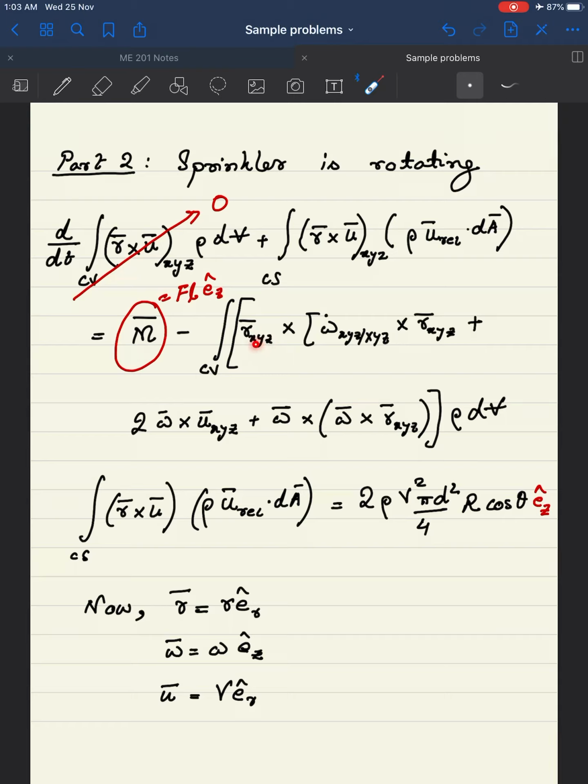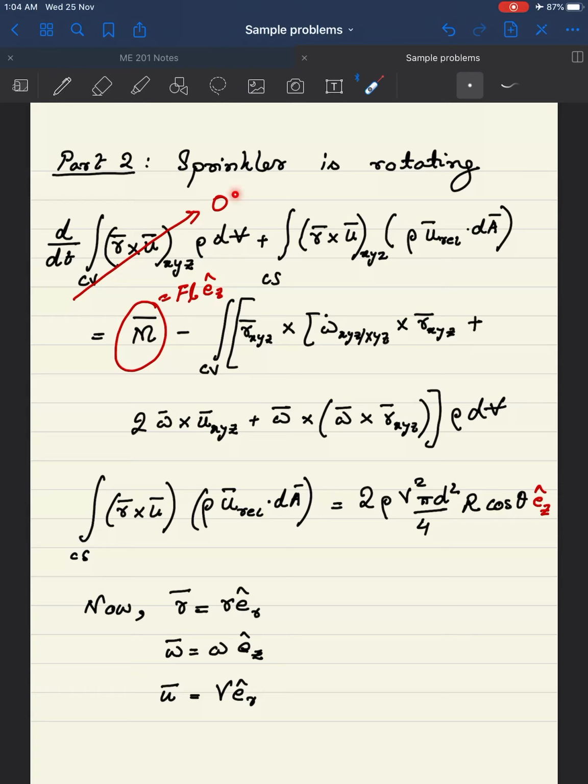So small x, y, z means that this is in the rotating frame of reference, and this is the omega dot in the rotating frame as compared to the inertial frame, etc. I have not repeated this subscript for all the omegas because they are the same, so I didn't want to make it cumbersome. But this is the term that you have to subtract from your moment.